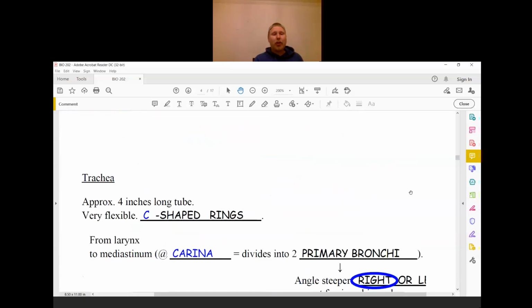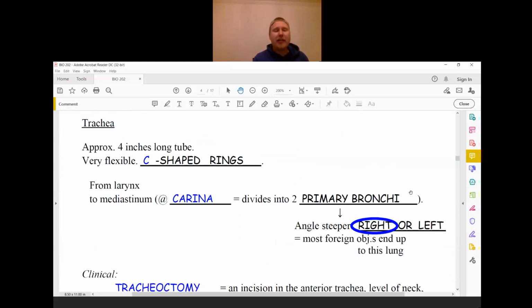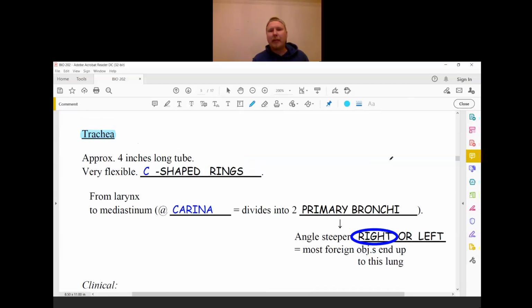Okay, let's continue our journey. And next we are going to discuss and have a look at the structure of the trachea. So trachea is sometimes, in layman's terms, described a little bit more often as our windpipe.